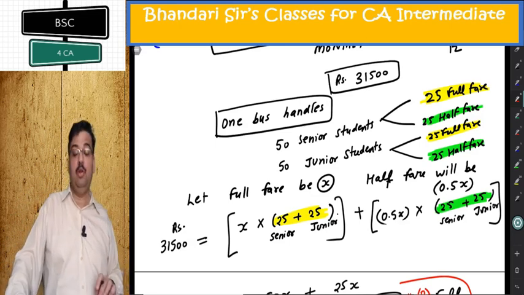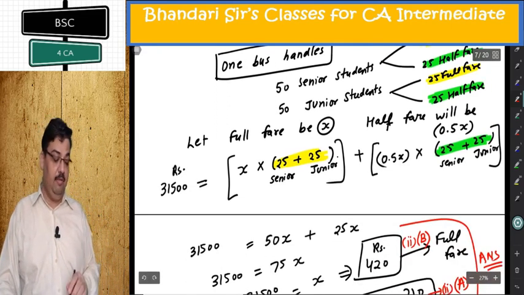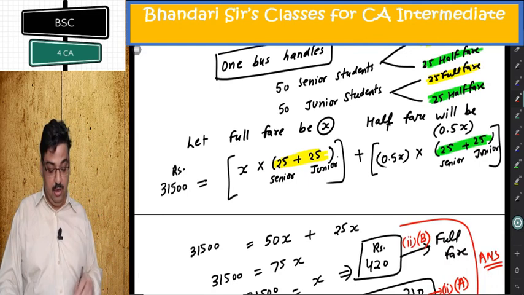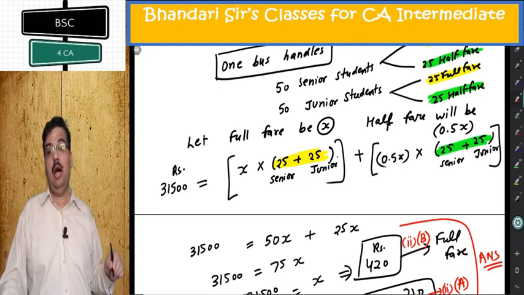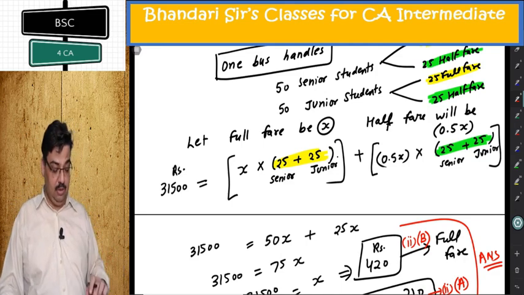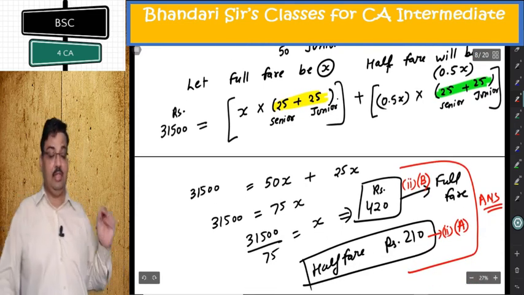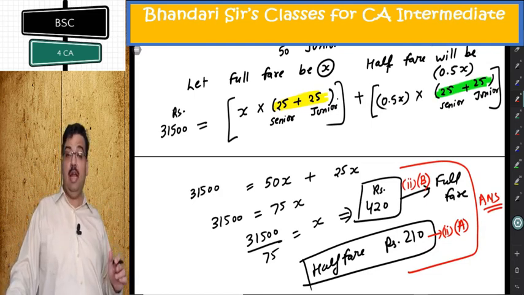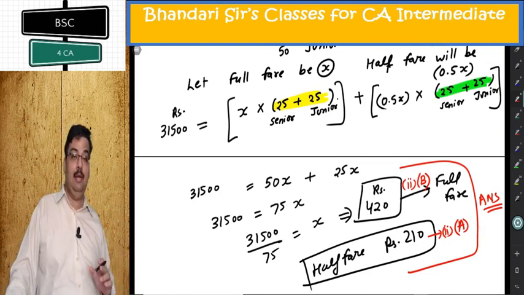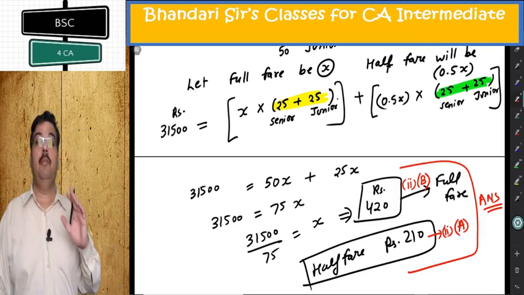From there I am able to make an equation, multiply with x and multiply with 0.5x. When x is your full fare, 0.5x is your half fare. From there I am able to get the equation, solve it. You get x is full fare 420, 0.5x, half of that will be half fare, that is 210. That is a complete illustration number 4.